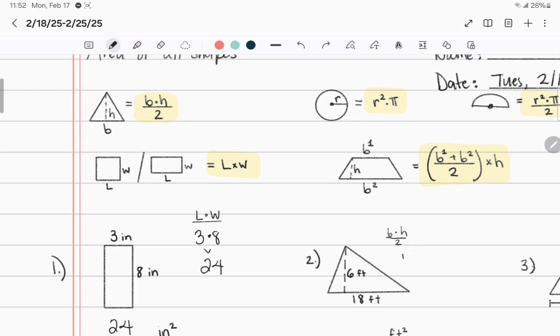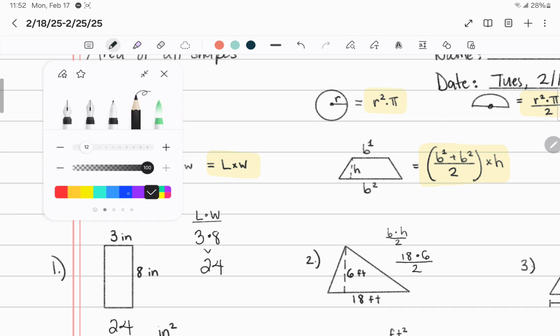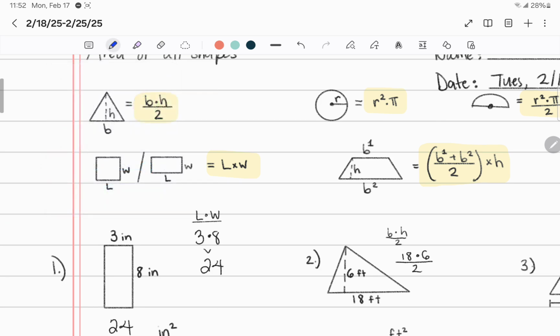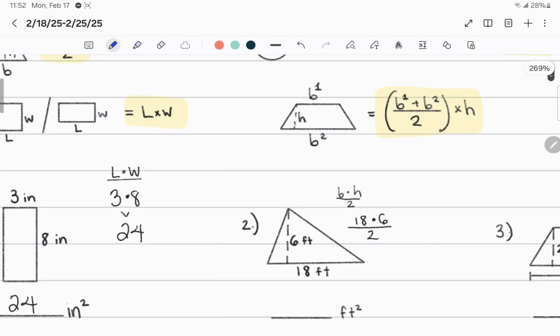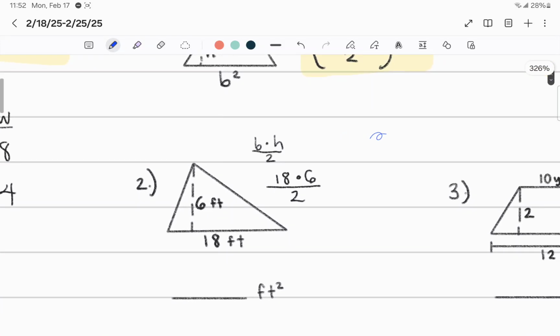So we're gonna do base times height divided by 2. So if you have a calculator, you can use a calculator. You have to just make sure you write out all of your work. If not, then you have to write this by hand.